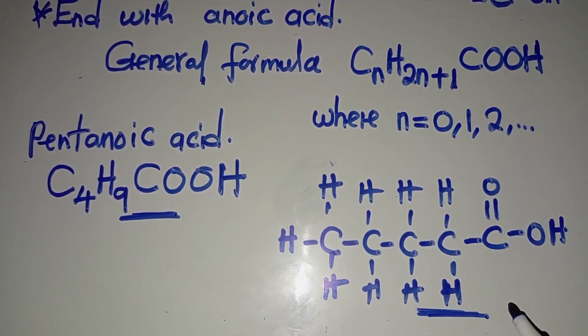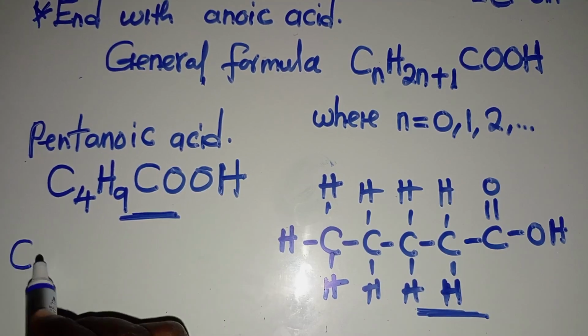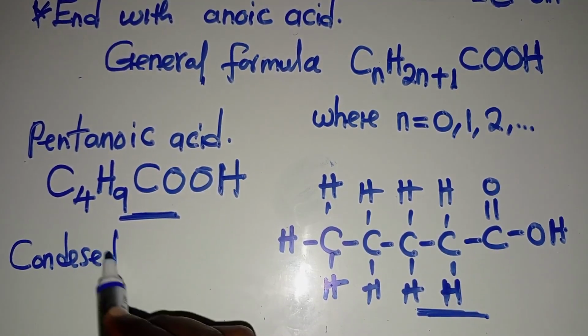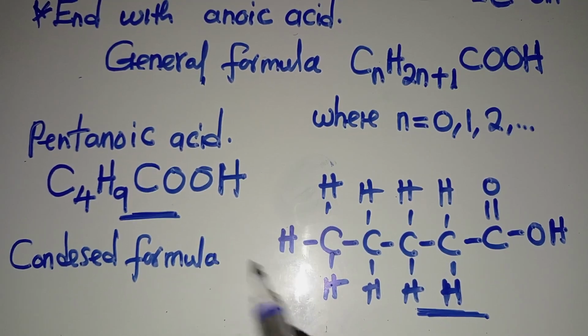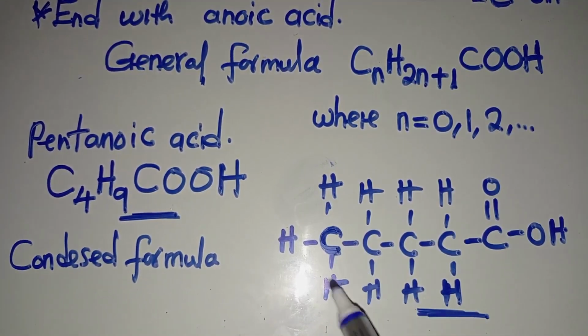Now, what if you are told to write the condensed formula? How do we write a condensed formula? A condensed formula is gotten from a structural formula. The first carbon has how many hydrogens? 3: 1, 2, 3.